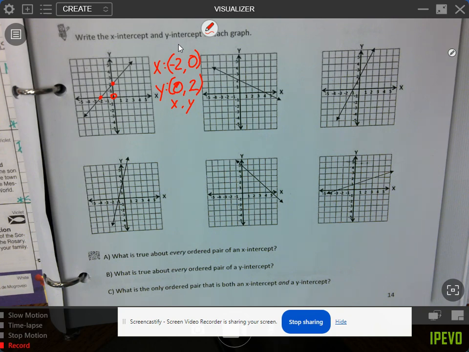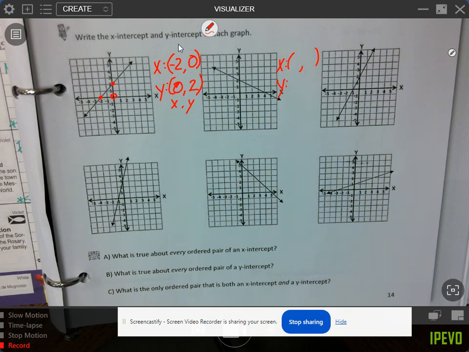So let's look at our middle one here. We're going to do one more together with our x and our y, remembering that when we write ordered pairs, there's parentheses around it, there's a comma in the middle. We're doing proper math, friends. What do you think our x-intercept would be, Lauren? (4, 0).